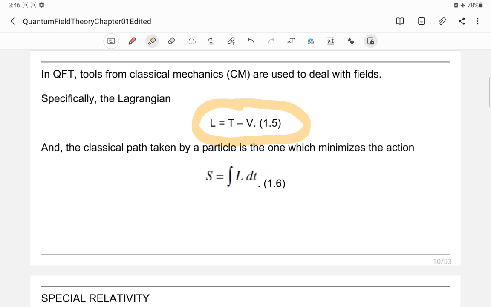And we also use the classical path taken by a particle, which is S here, the integral of the Lagrangian. And of course, we will deal with paths of which the action is minimized. S here is called the action.